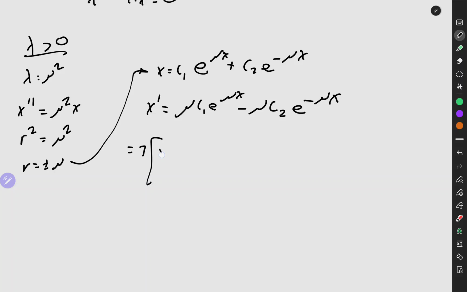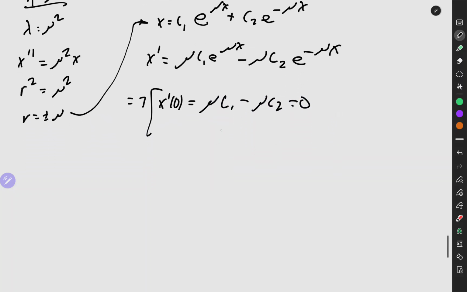And then we have the first boundary condition. I'm doing this kind of fast because we know how to do all of this. We get C1 equals C2. We can rewrite x prime. I'm going to plug in for C1.